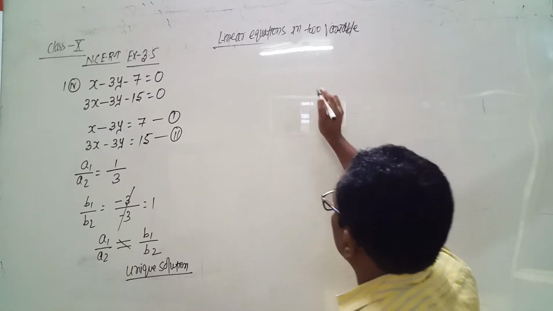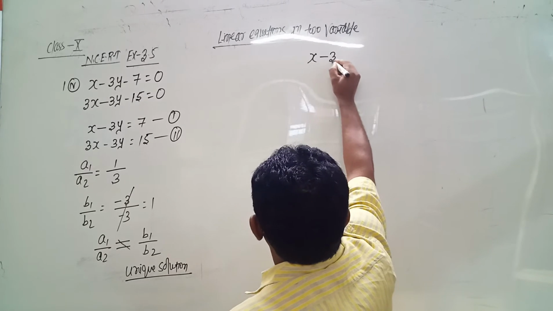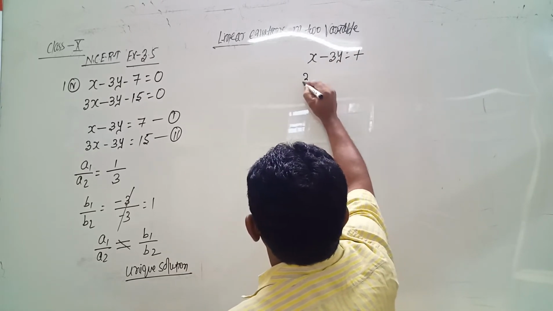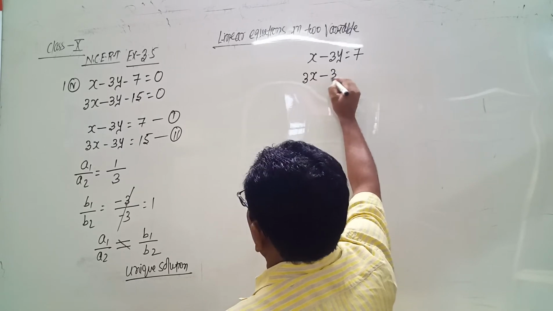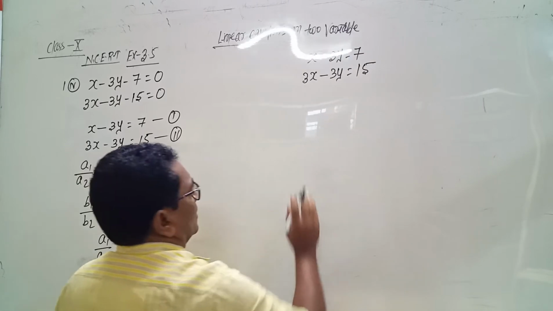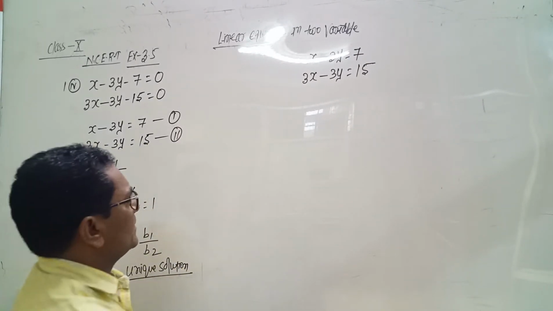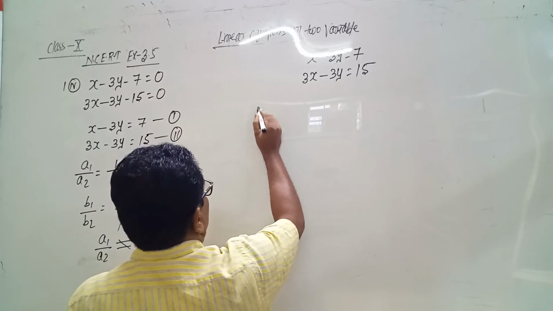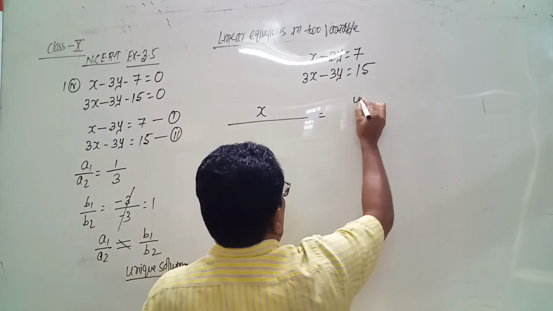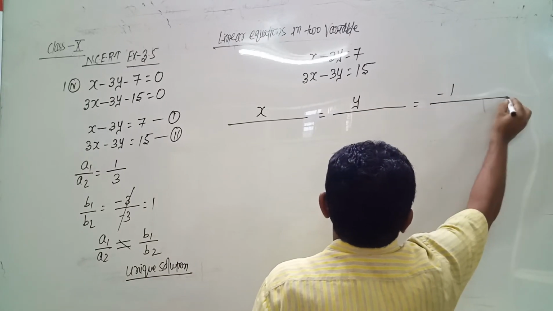So we will write both the equations. x minus 3y equals to 7 and 3x minus 3y equals to 15. We have to solve this equation by cross multiplication method. So we write the formula x equals to y equals to minus of 1.